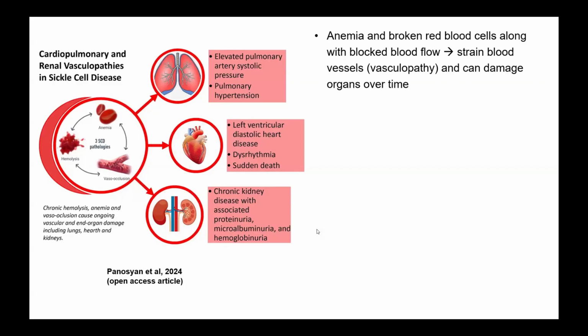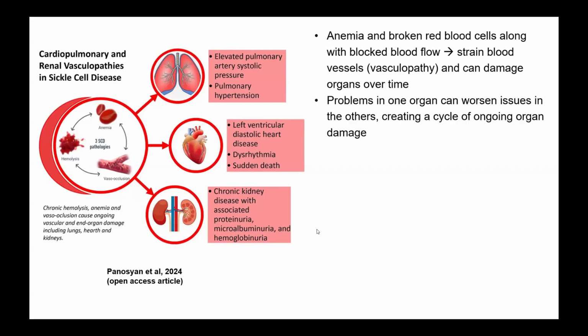As we mentioned before, in sickle cell disease, you can have anemia, you can have broken red blood cells, and that can also be associated with blockages in your blood vessels. And over time, as I mentioned, that can damage your blood vessels.